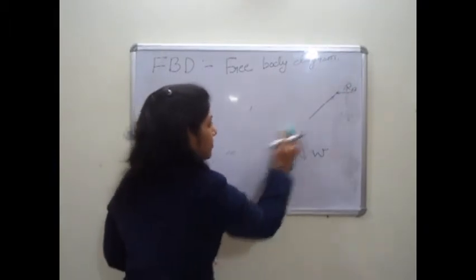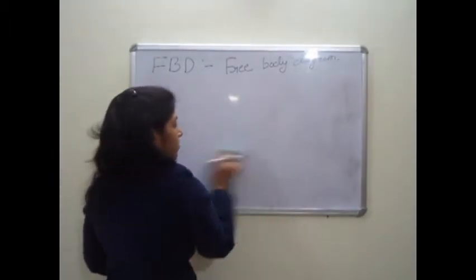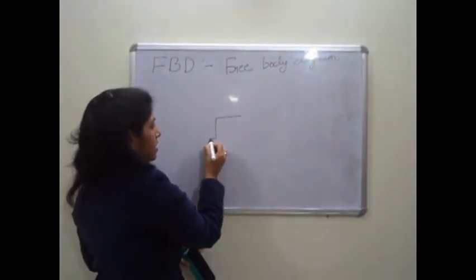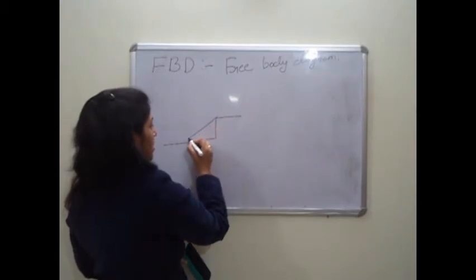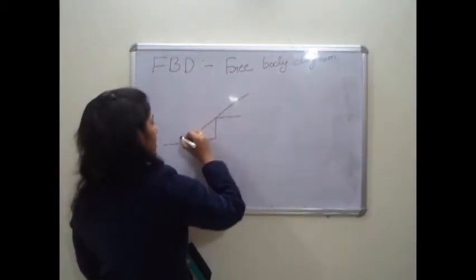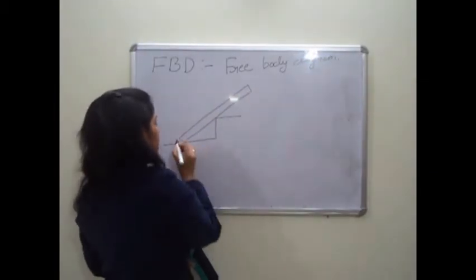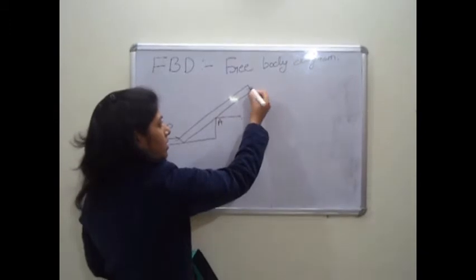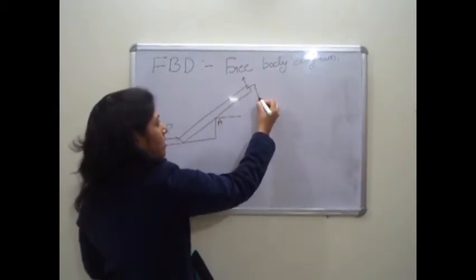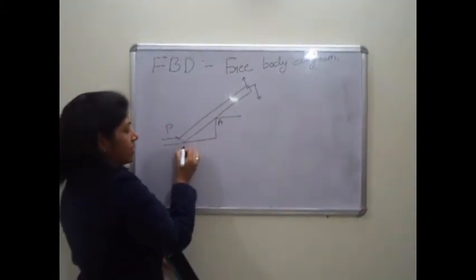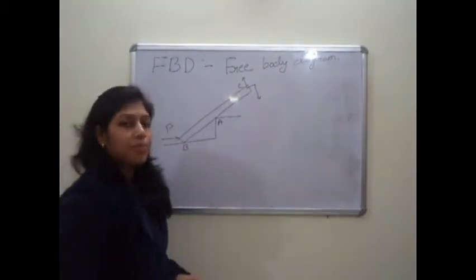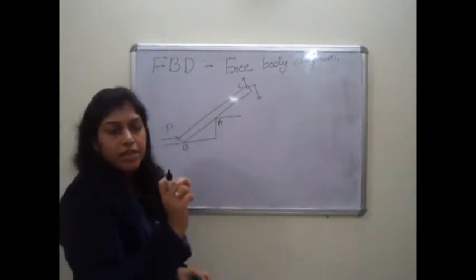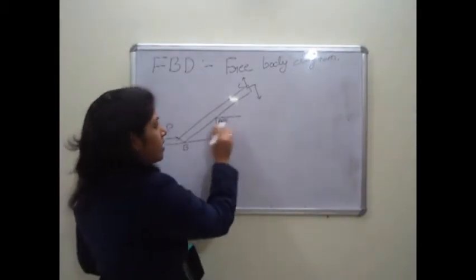Now another example. There is a bar which is supported at point A and subjected to an externally applied force P, and this point is point B and this point is point C. I am considering again a bar supported at point A and point B and subjected to externally applied force P. What will be the free body diagram?